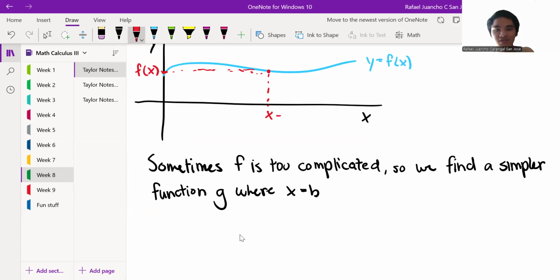We're trying to find something that's related to b.